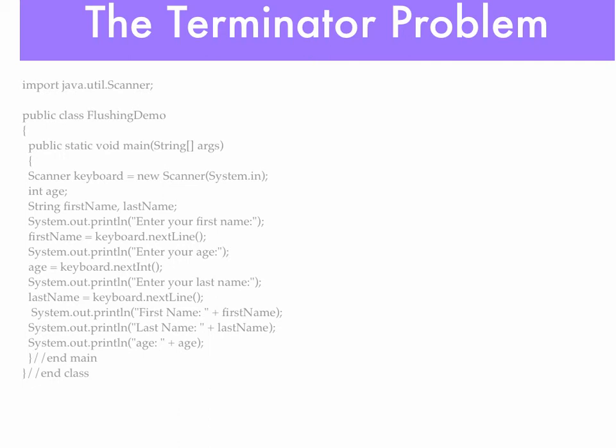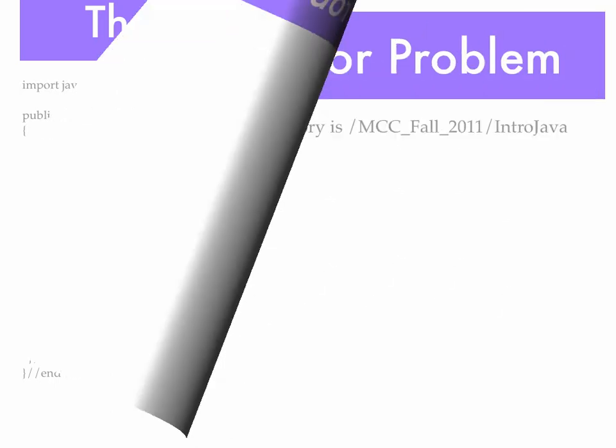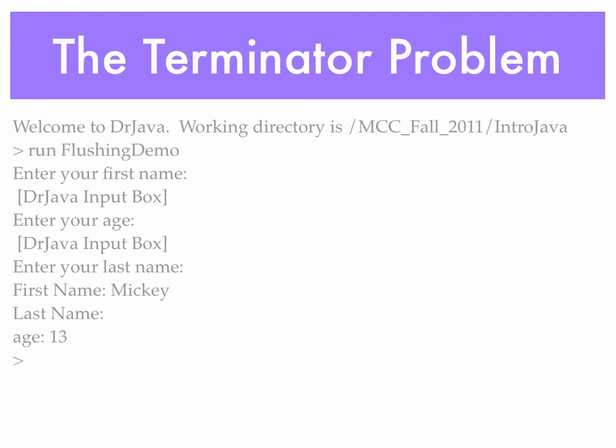So when here I ask, please enter your last name, what was grabbed was a blank. That line, lastName equals keyboard.nextLine, actually grabbed the enter key that was pressed after the user entered the age. So I have this output. The first name was grabbed, the age was grabbed, but the last name was not, because what was picked up for the last name was just the press of the return key.